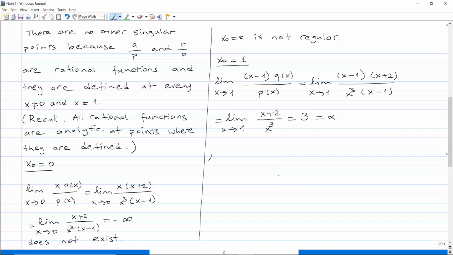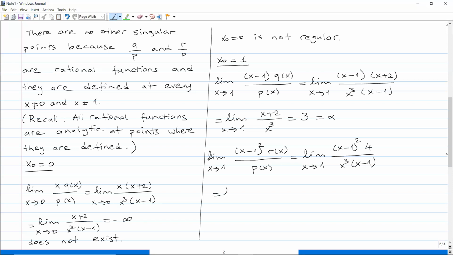Now we check the other limit as x approaches 1. Now we take x minus 1 squared, r over p. So as x approaches 1, x minus 1 squared, r is constant 4, divided by x cubed, x minus 1. So if you simplify the x minus 1, we have 4 times x minus 1 divided by x cubed.